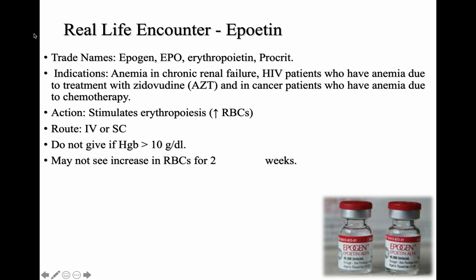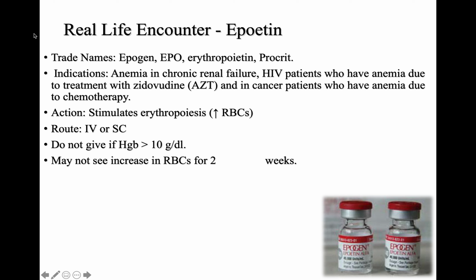Real-life counterpart, epoetin. Trade names are Epogen, Epo, erythropoietin, and Procrit. Those are all trade names. Indications, meaning we can actually give erythropoietin: anemia and chronic renal failure, HIV patients who have anemia due to treatment with AZT, and cancer patients who have anemia due to chemotherapy. Action, what does it do?